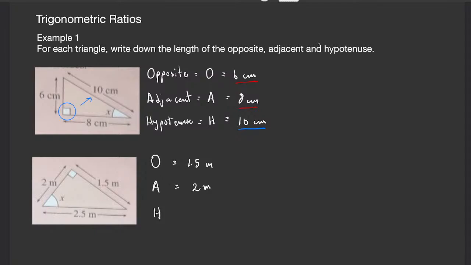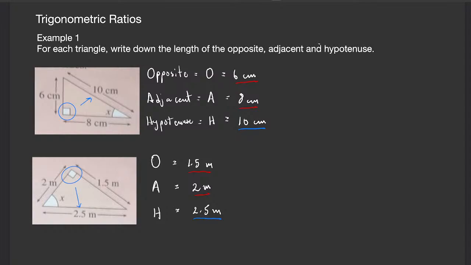And in this triangle, our right angle is right here. This is our right angle. So the side that is opposite that is 2.5 meters. So our opposite is 1.5 meters, our adjacent 2 meters, and our hypotenuse 2.5 meters.